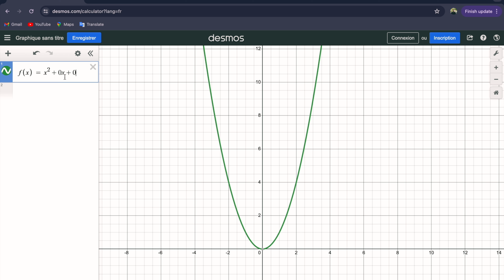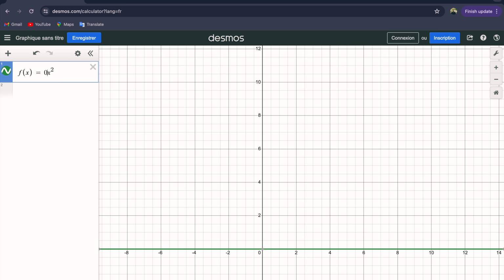But if I put 0 instead of x squared, and this is plus, for example, 0, you see we have a horizontal line. This is a constant function, you see? That's why a always has to be a number which is not equal to 0. So this is the shape of a quadratic function.